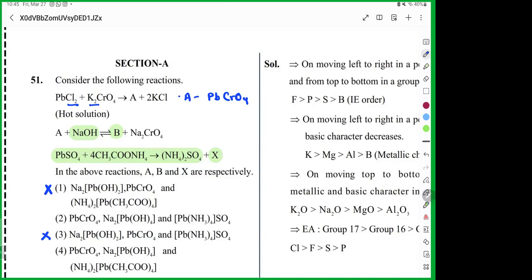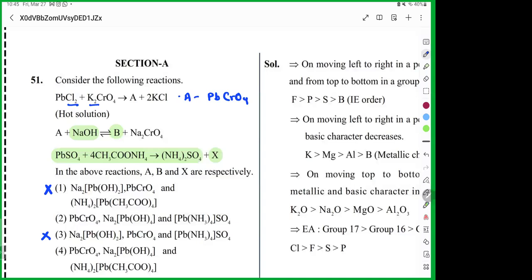Now look at the second. A reacts with NaOH and forms B and Na2CrO4. So it means A must have this CrO4, correct?